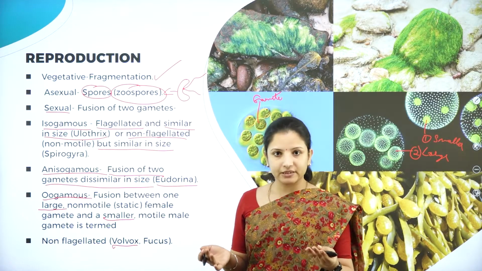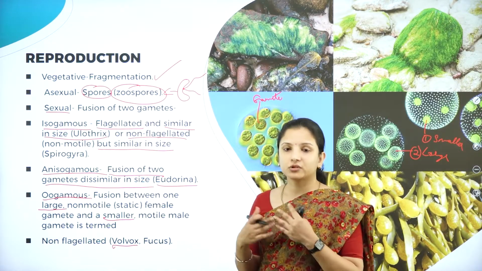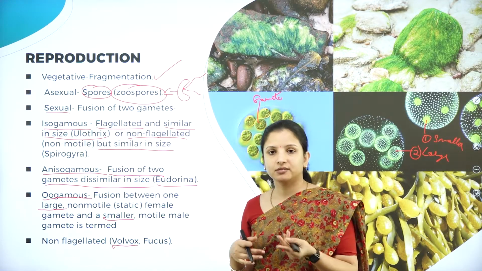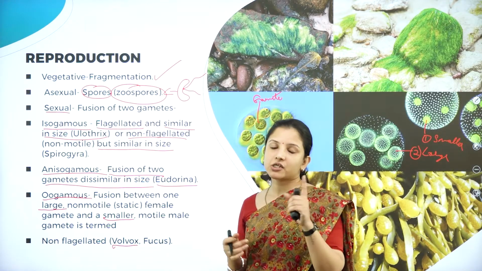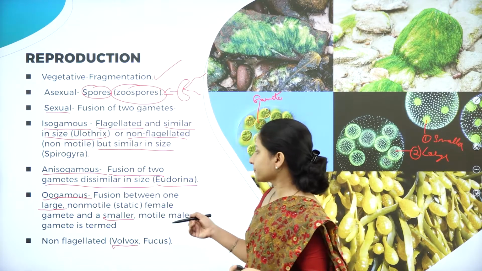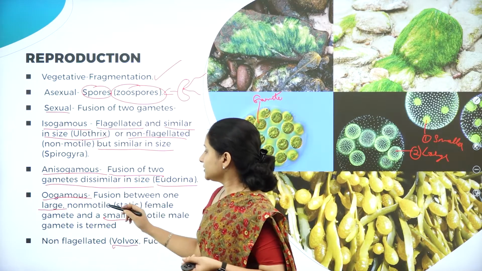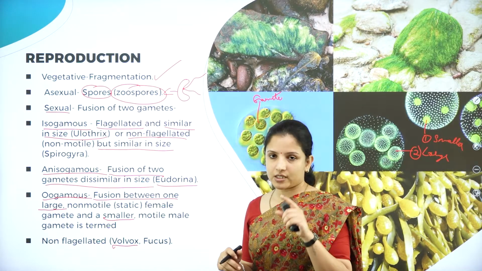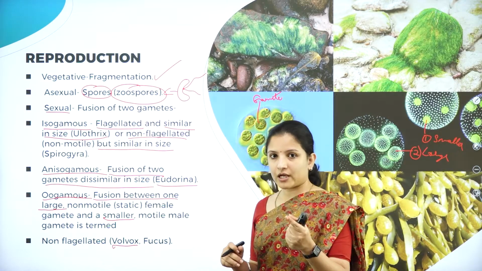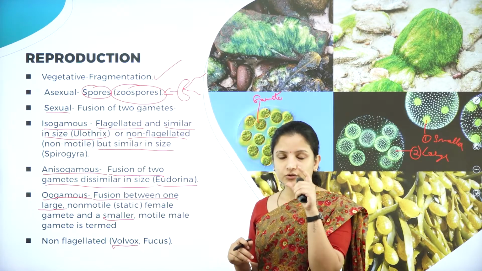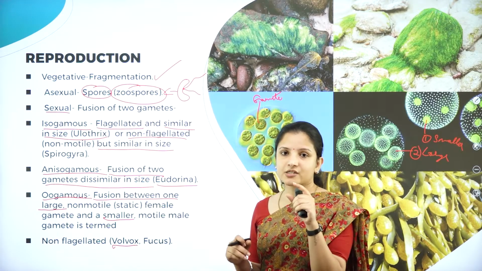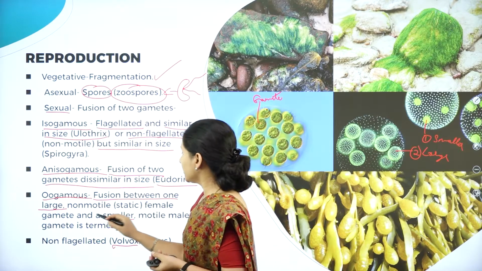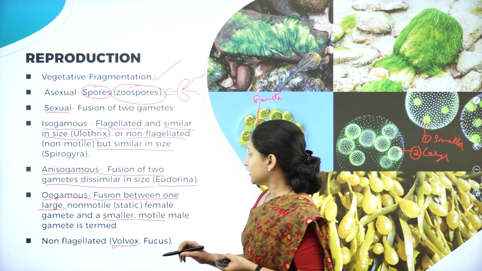Isogamous, both gametes are the same. Anisogamous, both gametes are dissimilar. When it comes to oogamous, the gametes are dissimilar, wherein one gamete is large and the other is smaller. In oogamous, fusion occurs between one large gamete which is non-motile. The algal cell having the large gamete will be stagnant, non-motile, and that is the female.